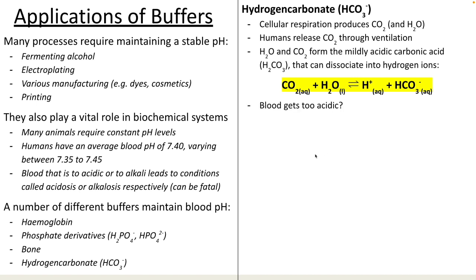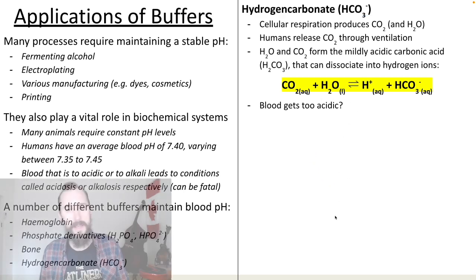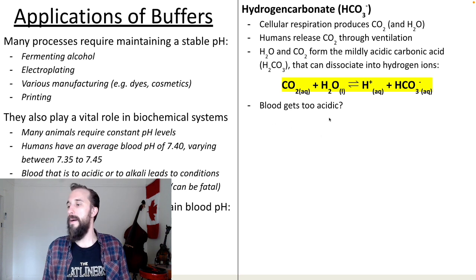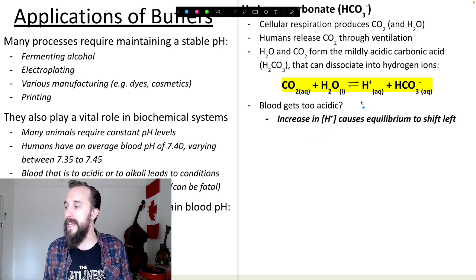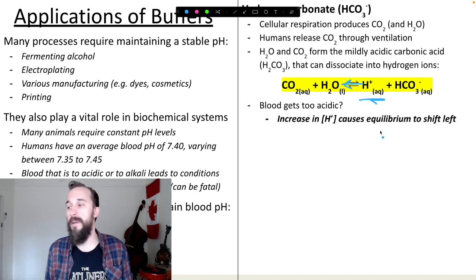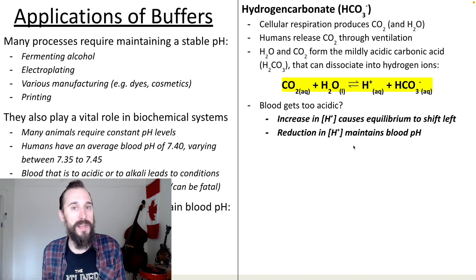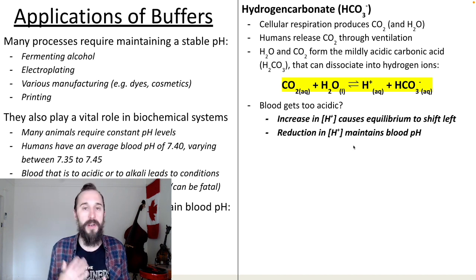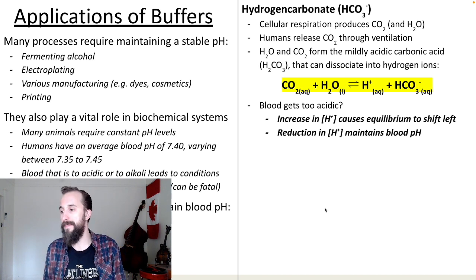What would happen if the blood gets too acidic? So we can think about how this hydrogen carbonate is buffering the pH of the blood. Well, talking about Le Chatelier's principle once again, if the blood gets too acidic, it's going to increase the concentration of hydrogen ions, and we're going to shift that equilibrium to the left. That's going to decrease the concentration of hydrogen ions, and we're going to maintain that blood pH.